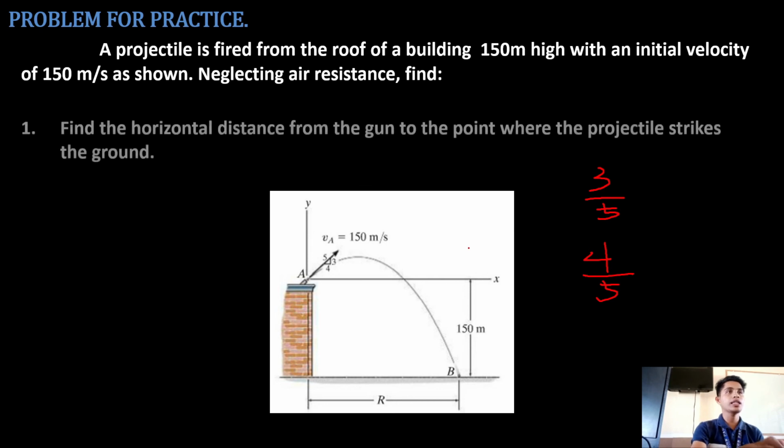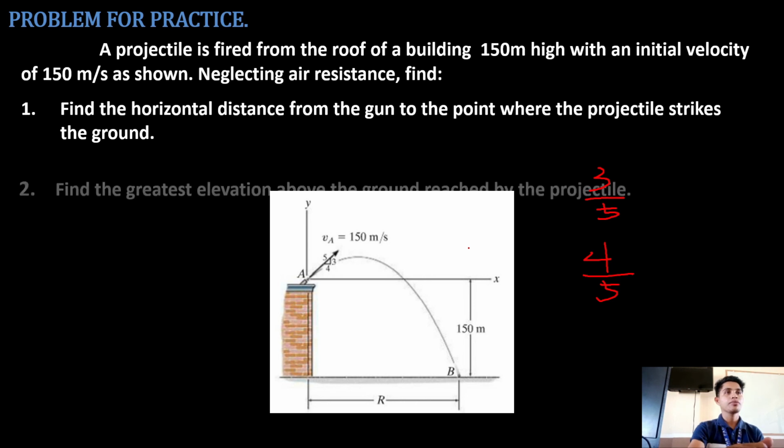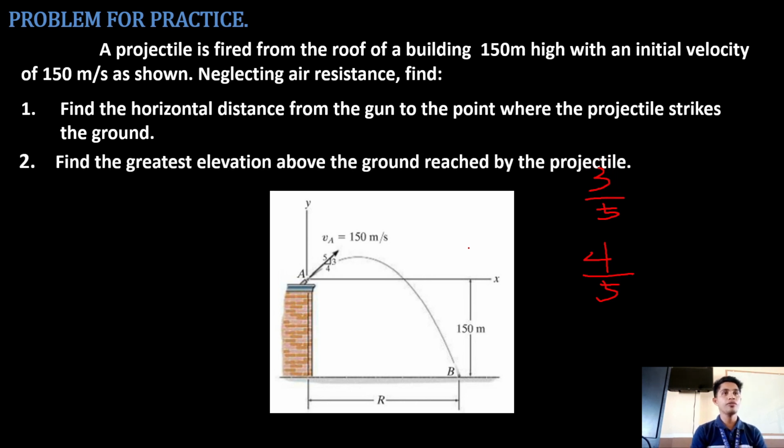Pinapakumpit sa atin is the horizontal distance from the gun to the point where the projectile strikes the ground, yung maximum range, yung R, X max. Then yung number 2 is the elevation above the ground reached by the projectile, so hinihingi sa atin is yung Y max.